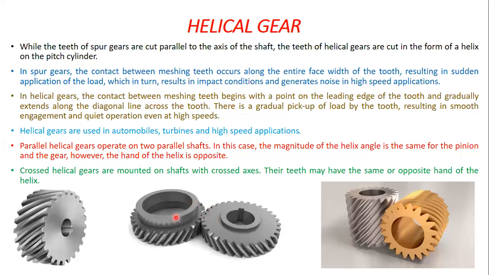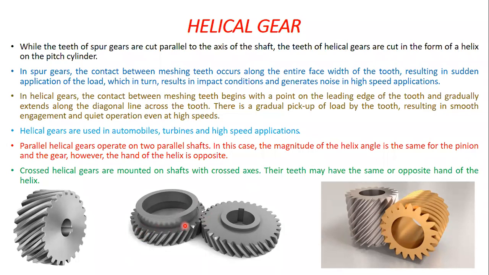The second figure which you are seeing is a parallel helical gear, whereas the third figure is a crossed helical gear. Now we'll see what we mean by parallel helical gear and cross helical gear.